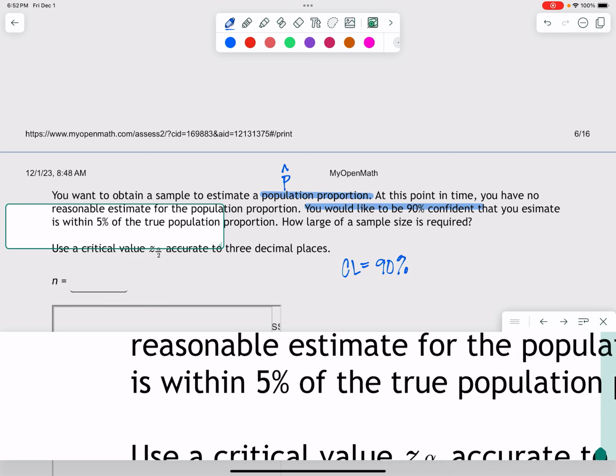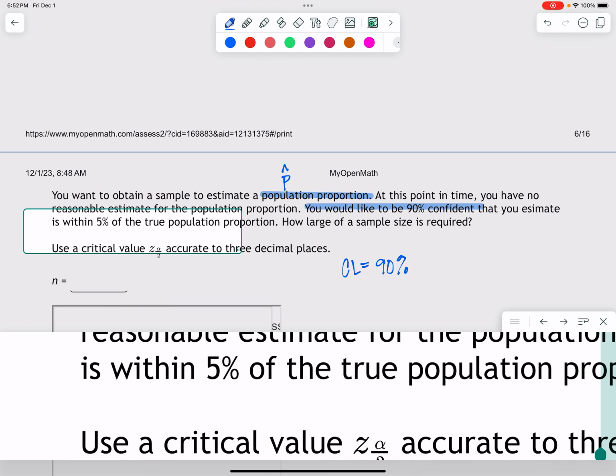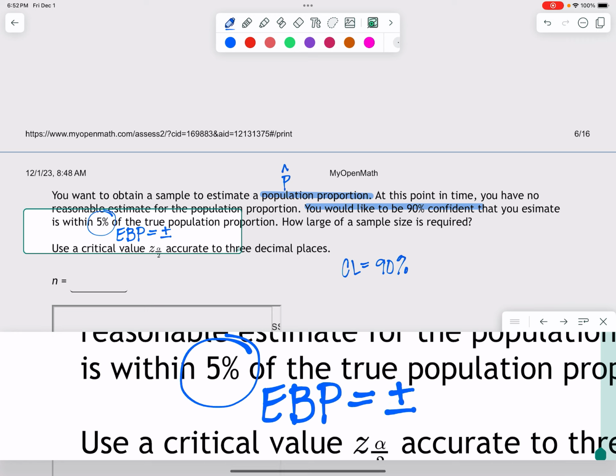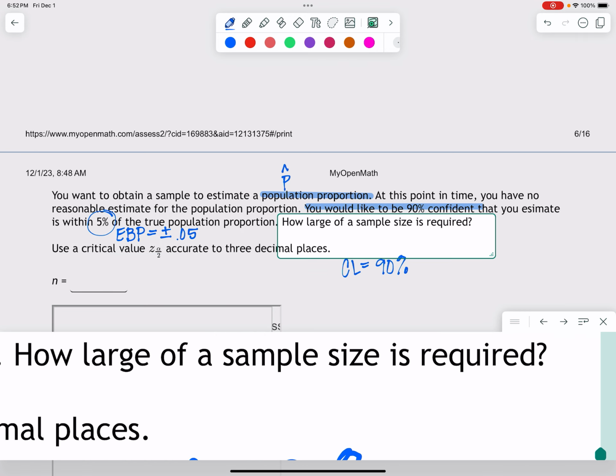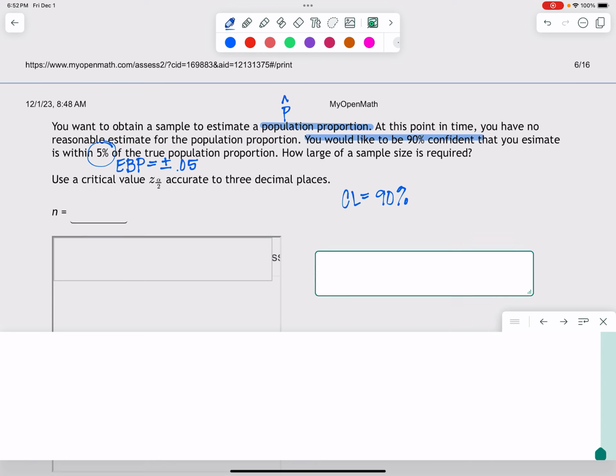That your estimate is within 5% of the true population proportion. This 5% is your EBP. How large a sample size is required? So they're asking us to find N.